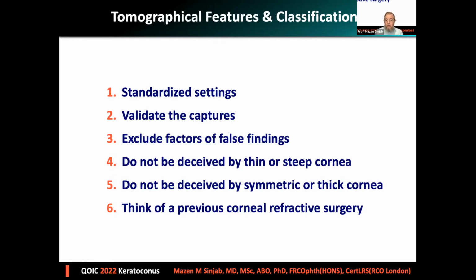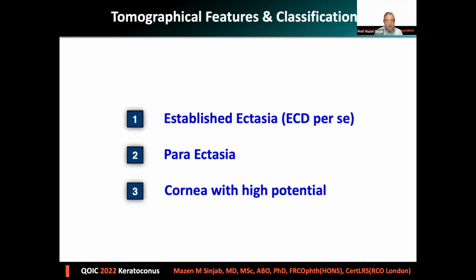And you should not be comfortable when you see symmetric or thick cornea, because some kinds of ectatic corneal diseases may have symmetric and thick corneas. Always think of previous corneal refractive surgery when you find any irregular cornea.